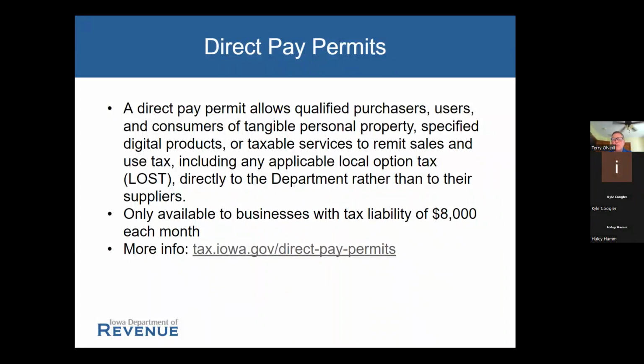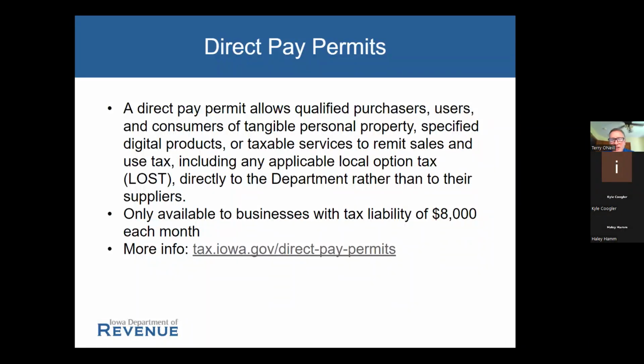A direct pay permit is going to allow qualified purchasers, users, and consumers of tangible personal property, specified digital products, or taxable services to remit sales and use tax, including any applicable local option tax as well, directly to the department rather than their suppliers. This is only available to businesses that are sending us a whole lot of money, more than $8,000 per month. And we've got some information on our website for that as well.